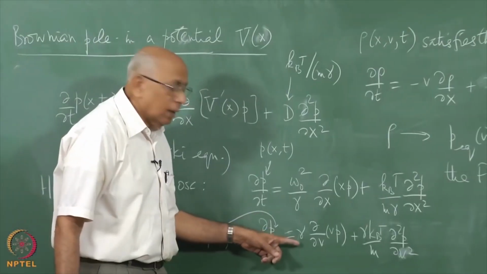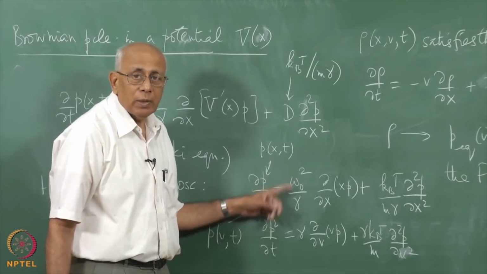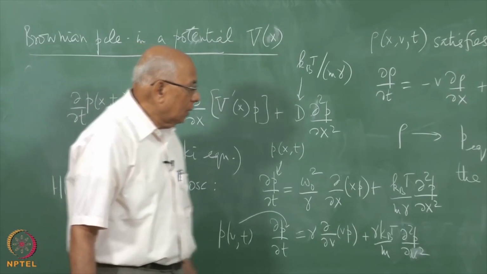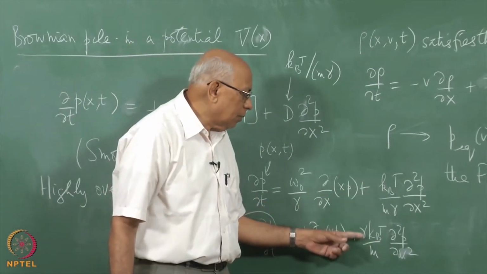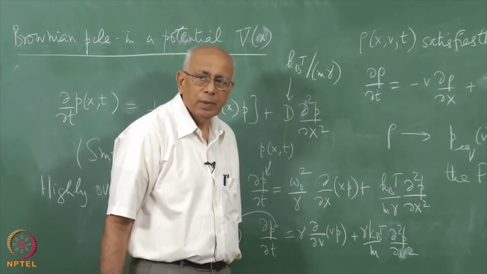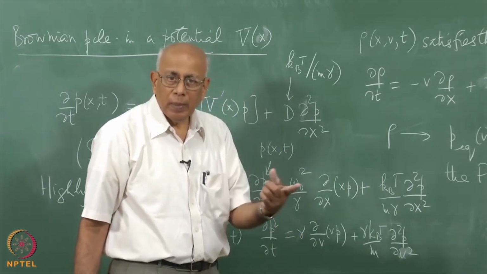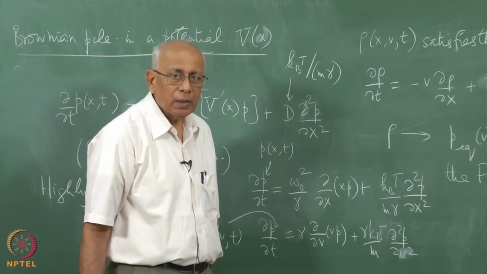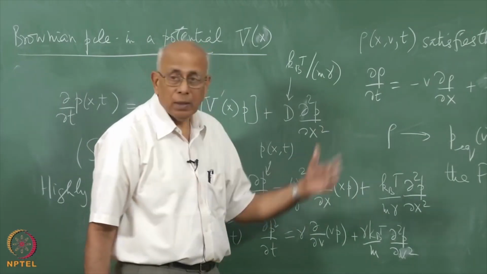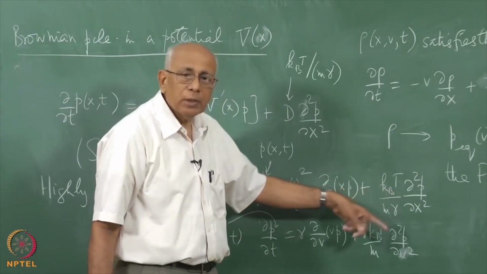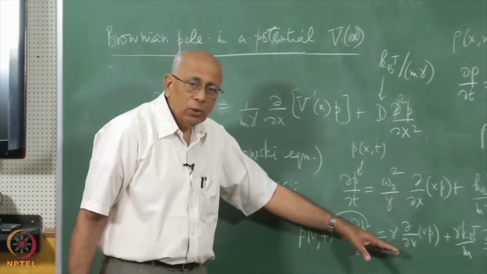The 1 over the gamma here is replaced by omega naught squared by gamma, and same physical dimensions for both, and the kT over m gamma is replaced by gamma kT over m. This is the diffusion constant in velocity space for a free particle, or for a particle in the presence of a potential, it does not matter. That is the diffusion constant in position space. What was the solution to this equation?